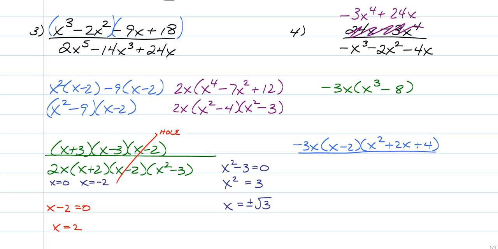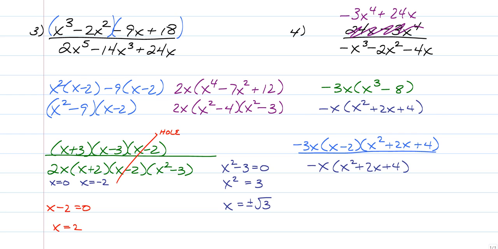Now we're going to go play with the denominator. So our denominator here is, we're going to factor out a -x, leaving us with x squared plus 2x plus 4. And you should notice that we can't think of anything that multiplies to 4 but adds to 2. So that's actually done. We can't factor that anymore. So our denominator is going to be -x times x squared plus 2x plus 4.